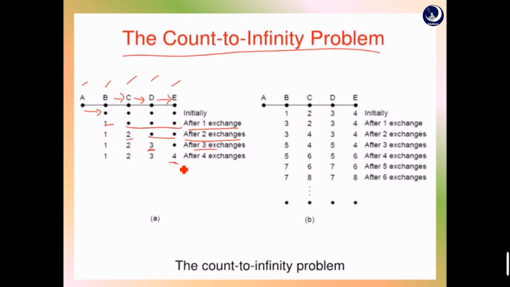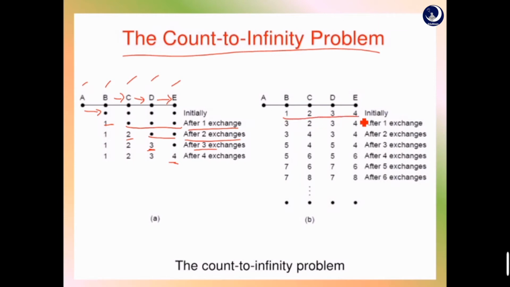Till now it's fine. But a problem arises when A drops out due to network failure. Then a problem occurs, so let's modify and see how it works. Let's consider the initial condition. If A goes down, B does not hear anything as A went down. So this is the initial condition.